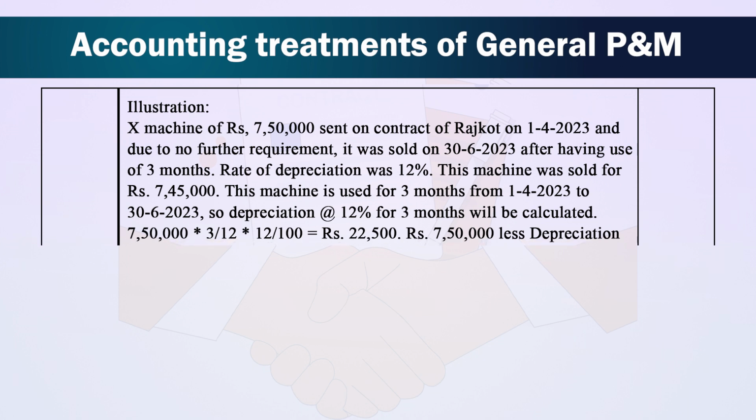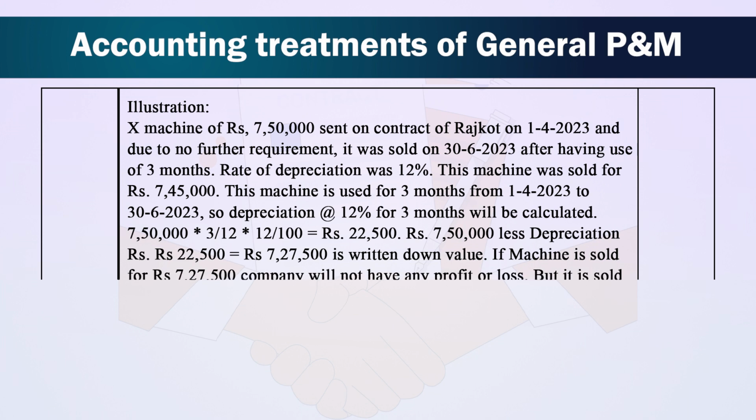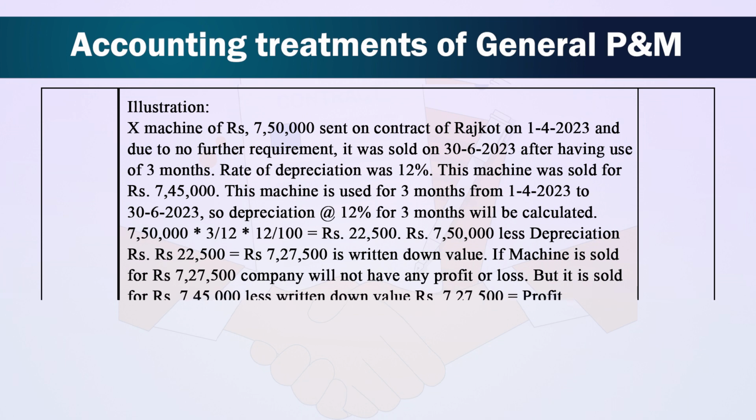Rate of depreciation was 12%. This machine was sold for rupees 7,45,000. This machine is used for 3 months from 1st April 2023 to 30th June 2023. So, depreciation at the rate of 12% for 3 months will be calculated.